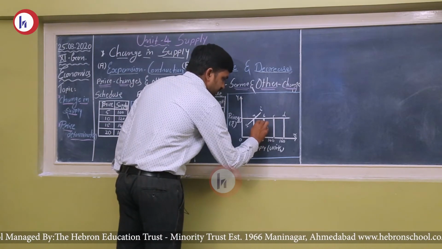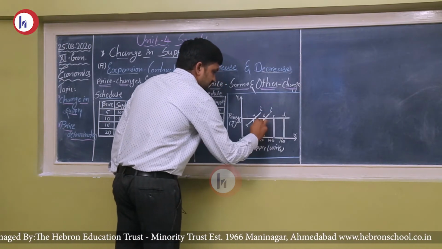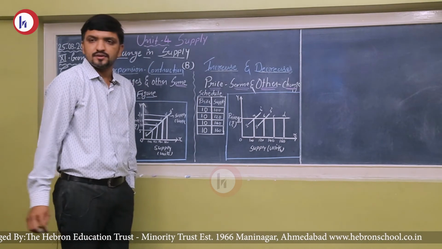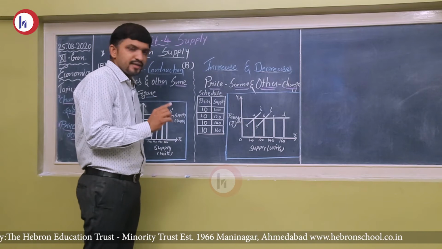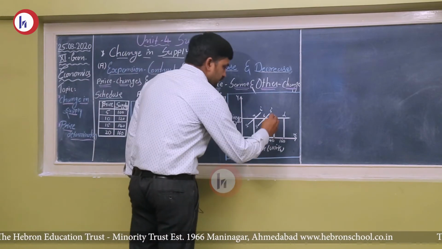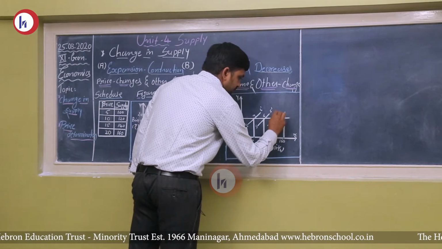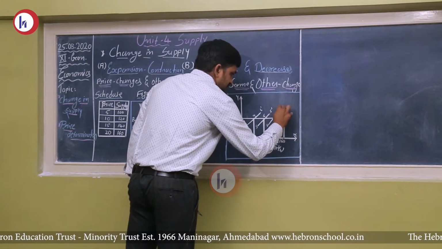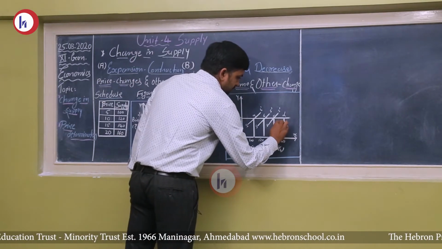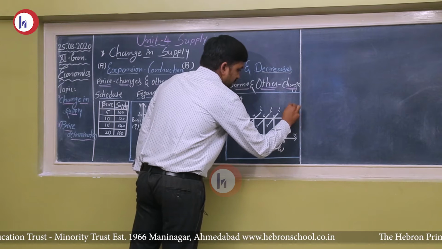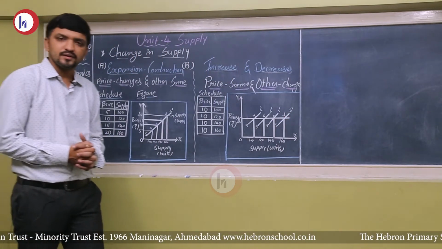So once again, S dash. Price is still 10, quantity supplied increases from 120 to 140. S dash. And same for combination D. S dash. That's it. Over.